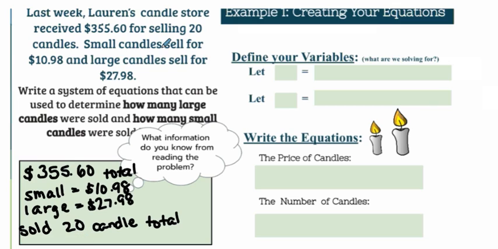But before we get there, let's define our variables. The first step, what are we solving for? Well, what are the two things we are talking about in this problem? I can see right now that we are talking about small candles and large candles. While you can define your variables using any letter in the alphabet, I'm going to pick X and Y just because it's what we are used to working with.